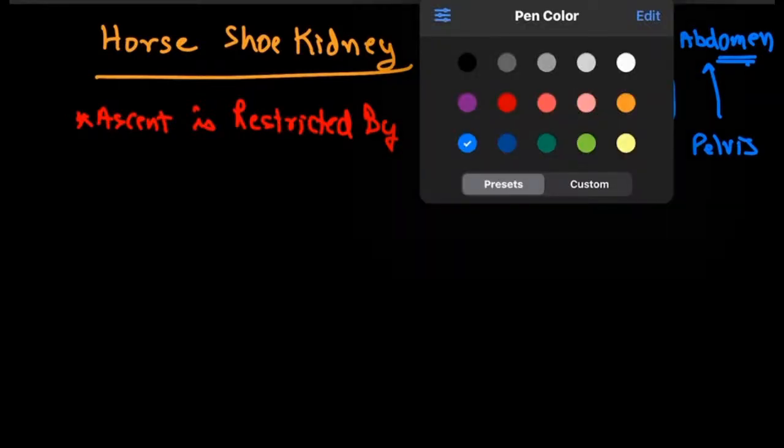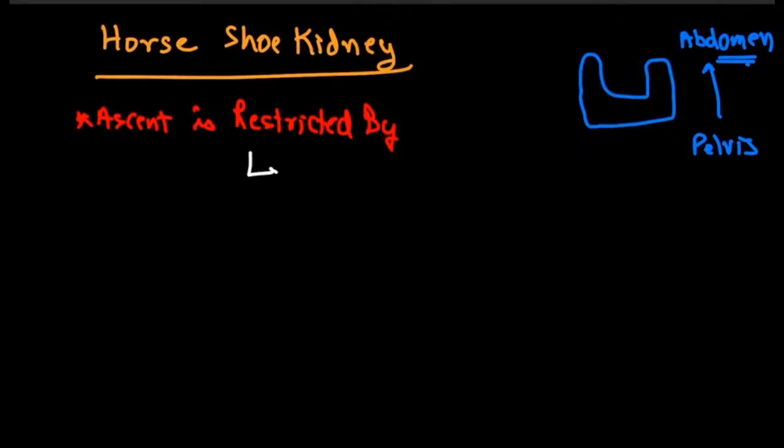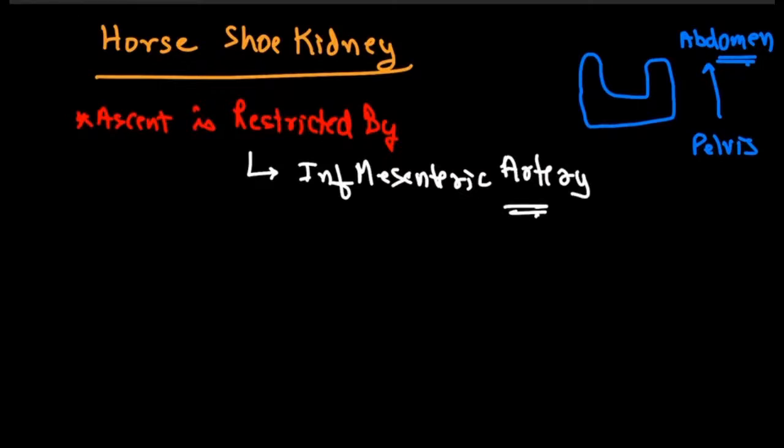This ascent is restricted by the inferior mesenteric artery. Please understand this, guys. It is a very, very important MCQ. This ascent of the horseshoe kidney is basically restricted by the inferior mesenteric artery.